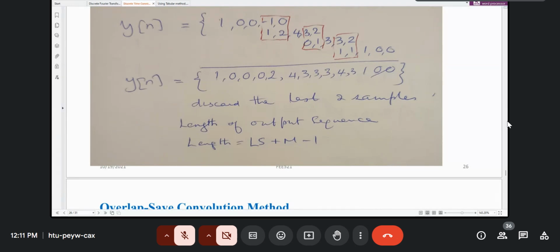But it's also important to note that when you're working with the convolution theorem, what you're talking about is actually the circular convolution. It's the circular convolution theorem, and not the linear convolution theorem.